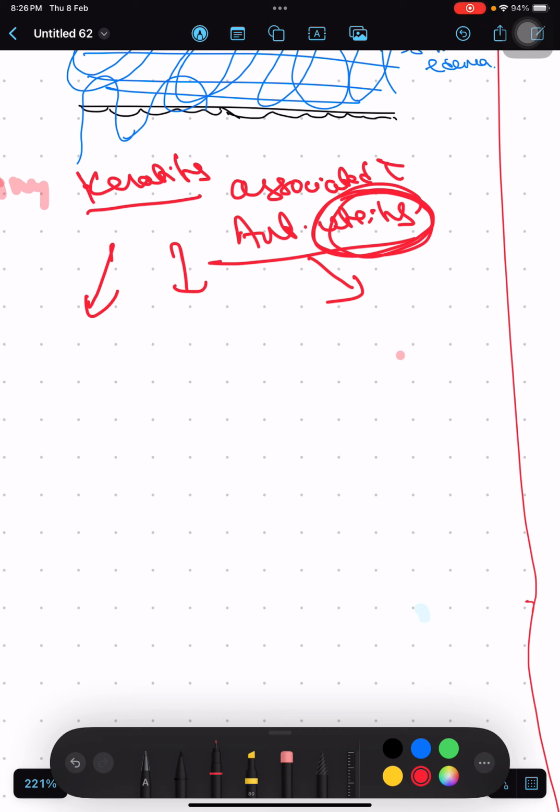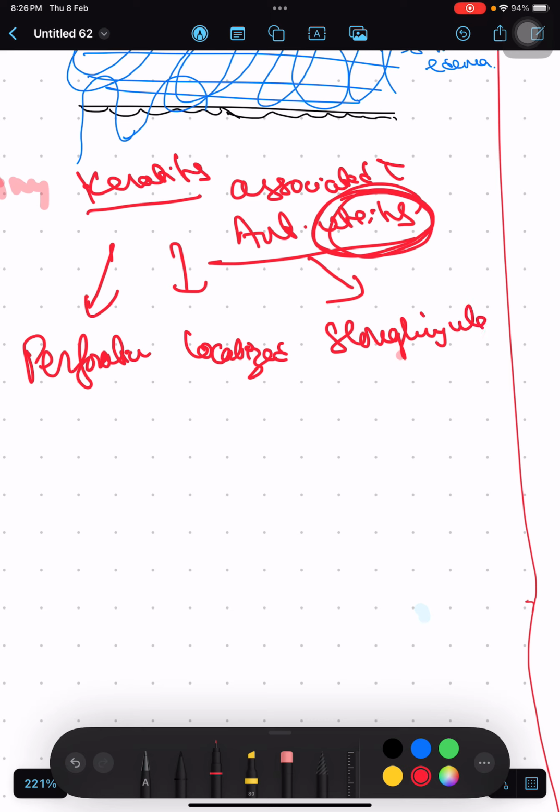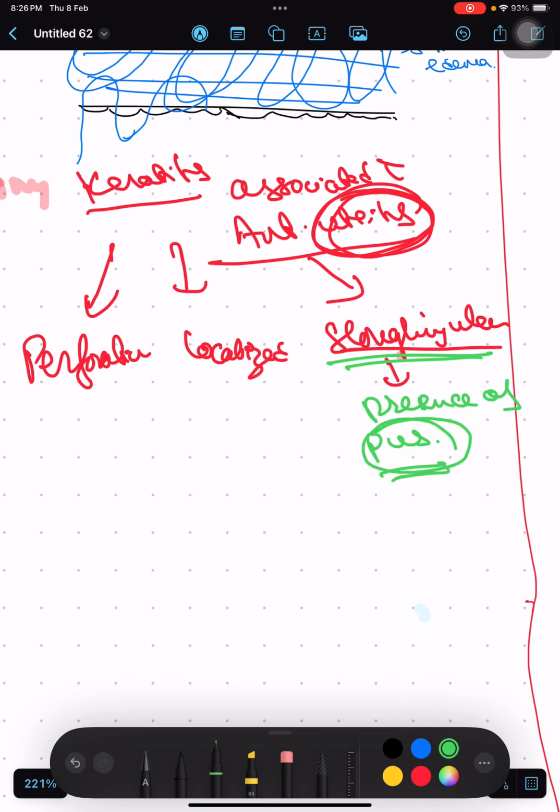And it's of three types: perforating, localized, and sludging ulcer. So what do you mean by sludging ulcer? Sludging ulcer means the presence of pus, and that pus leads to a formation of a pseudocornea.